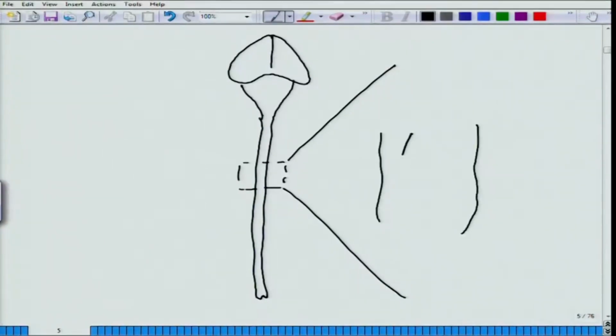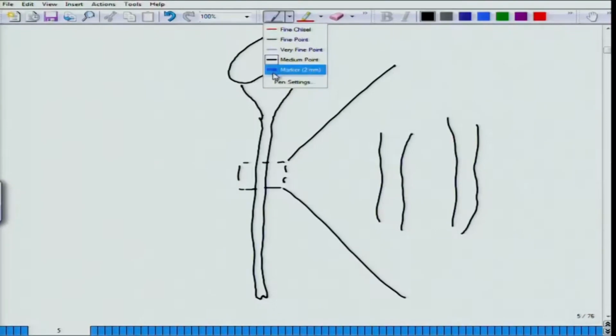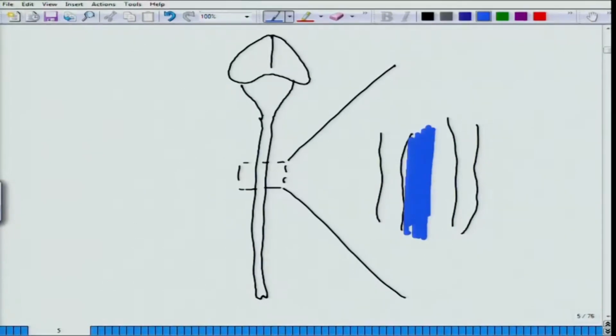On the flanks you have something called dorsal root, and in the center, let me put different colors that will make things easier for you to understand. The one which I am shading with blue in the center, something like this, and I am shading both the flanks with green.